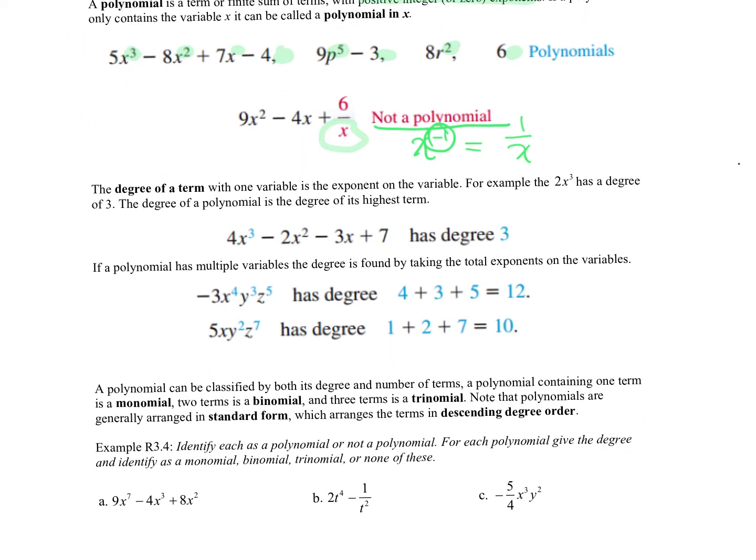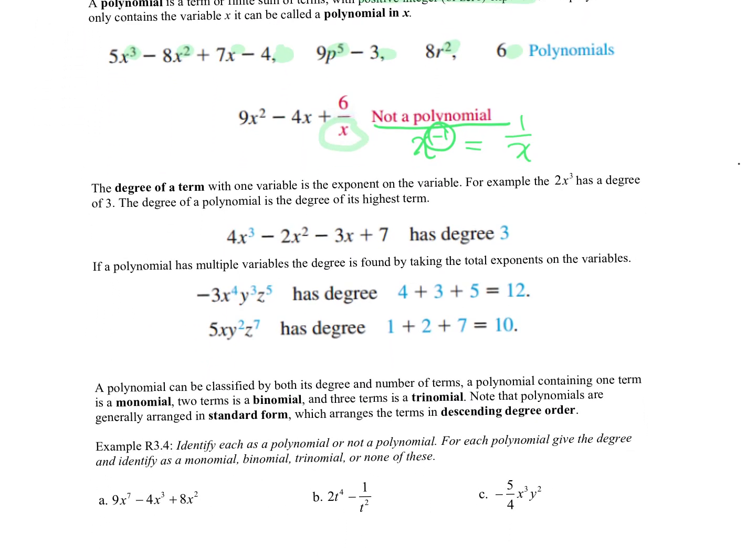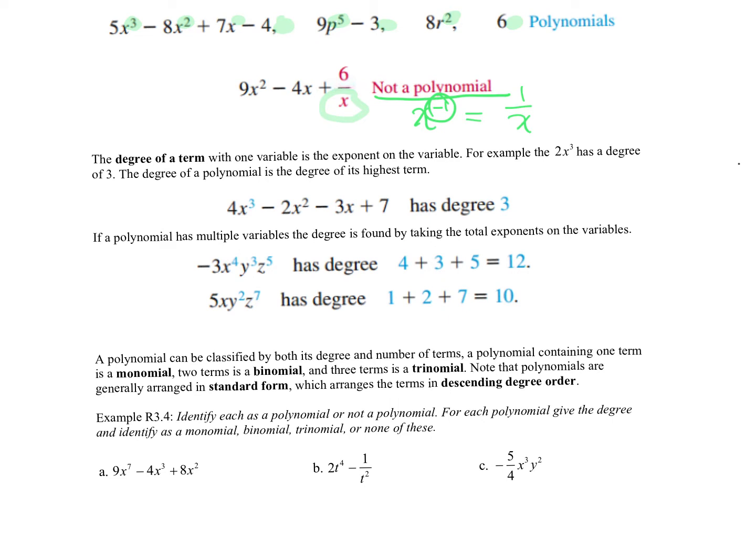The degree of the term on one variable is based on the power on the exponent. So for example, the degree of the term right here is a 3. So even though there's a 2 and a 1, it's based on the biggest power.